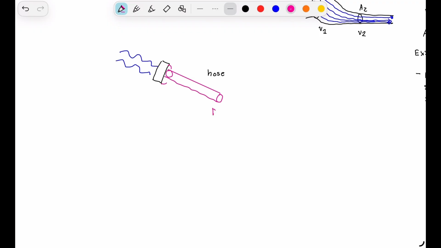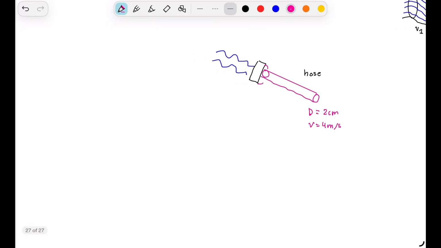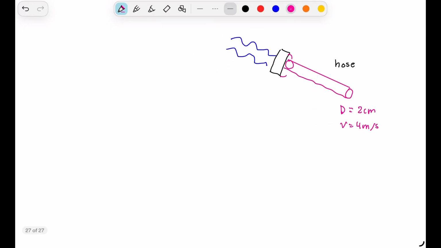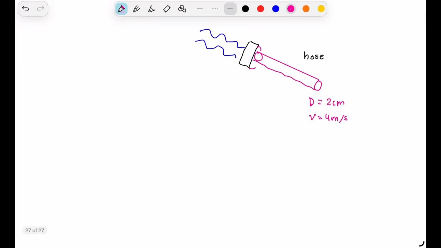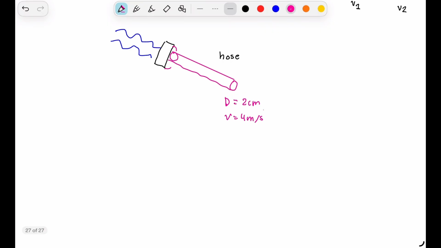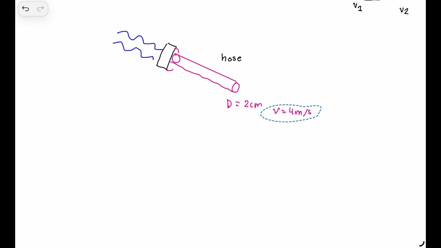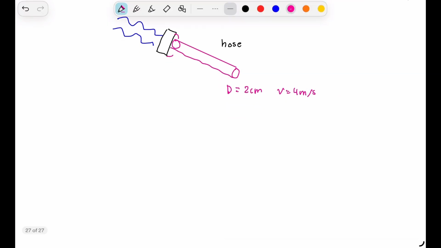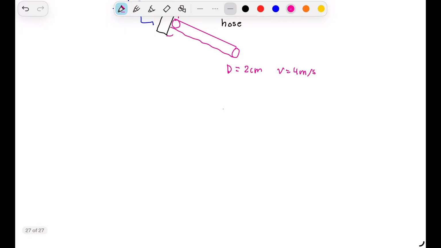So let's say that our diameter is equal to 2 centimeters, and let's say the velocity is equal to 4 meters per second. We want to find the diameter of the nozzle. So when the diameter is 2 centimeters, the velocity is 4 meters per second. So we want to find what the diameter is when the water is emerging at 16 meters per second.